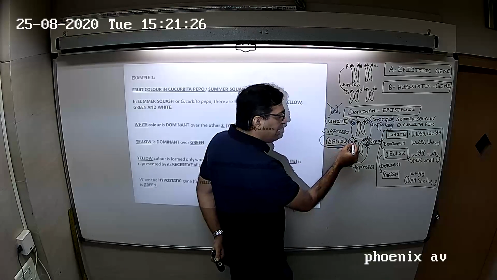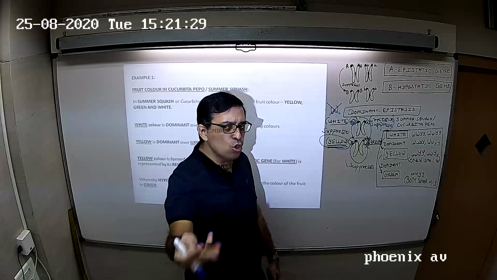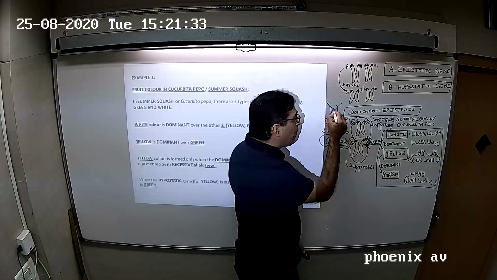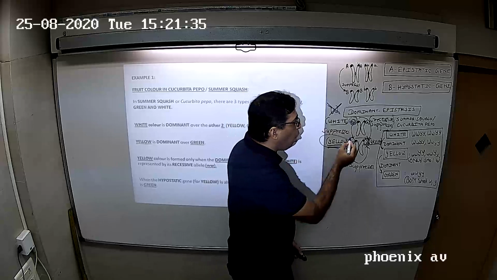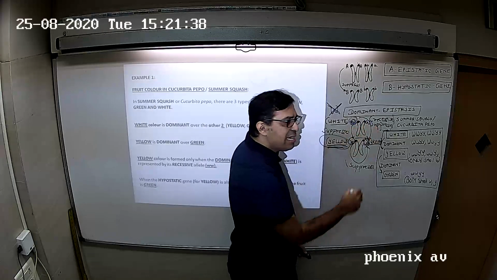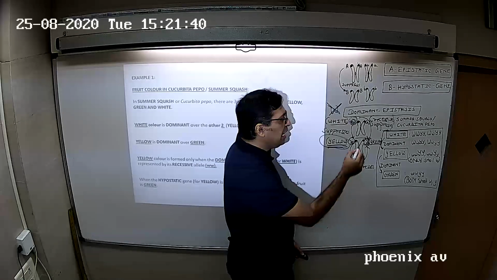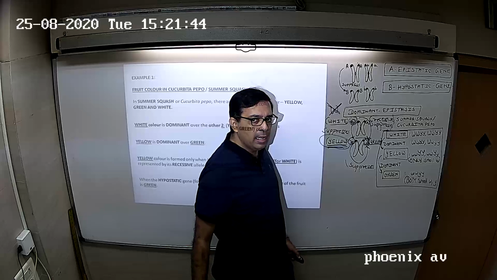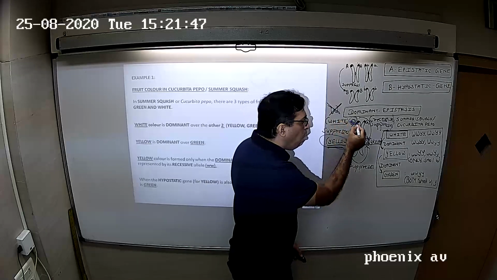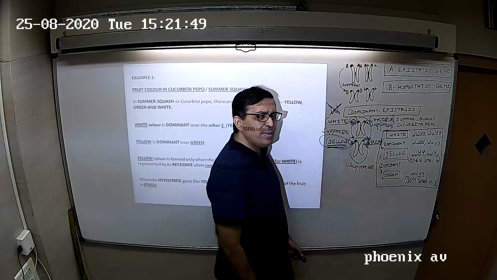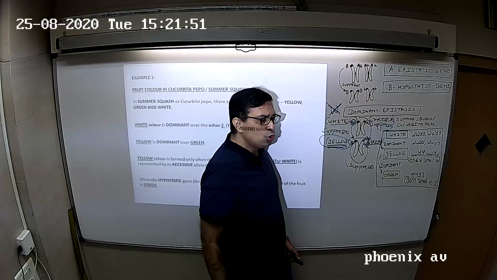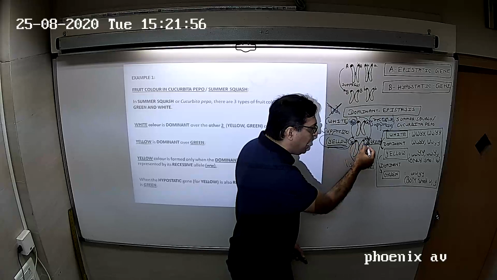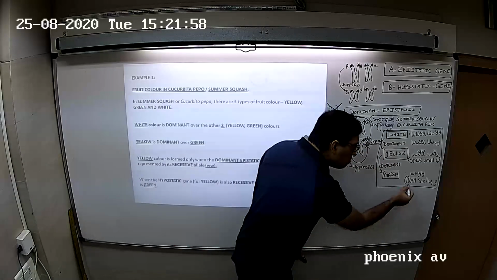And the yellow color won't be formed because there is no capital Y and no capital W. So capital W becomes epistatic over small y. But small w does not become epistatic over small y. So now small w, small y, what color will it form?